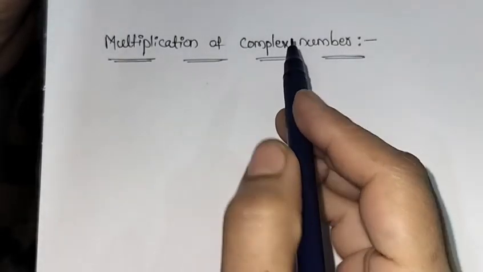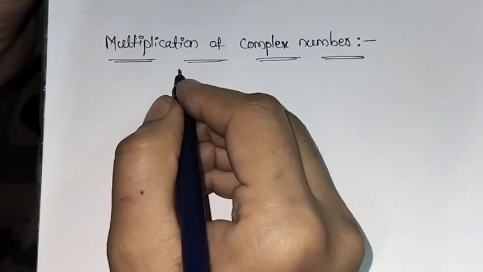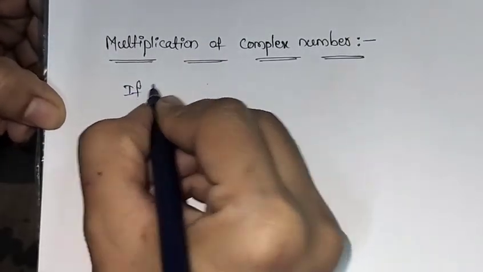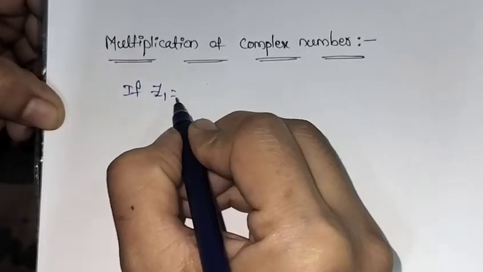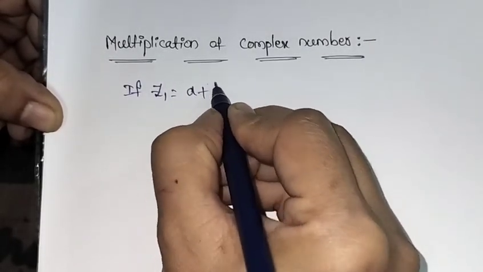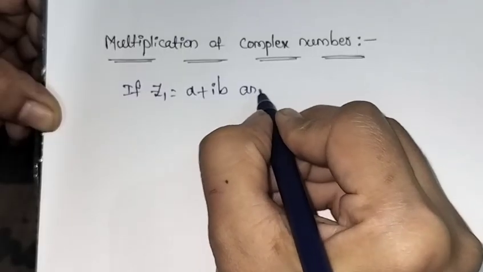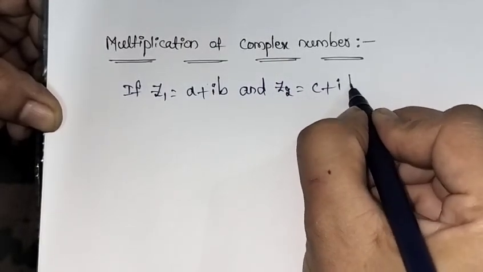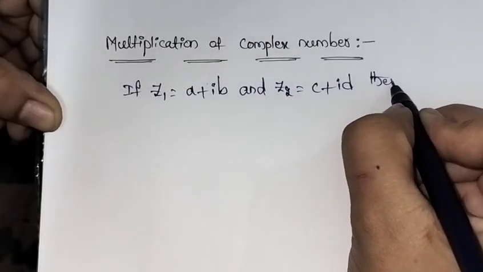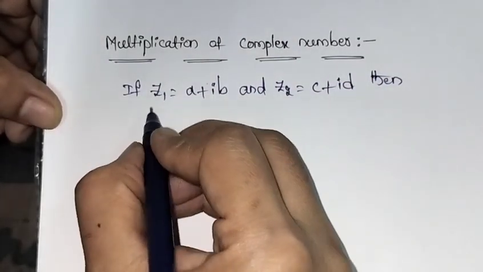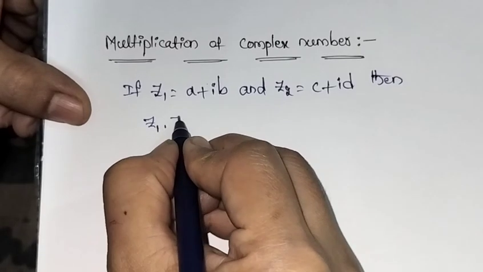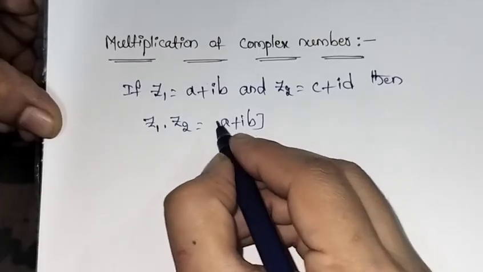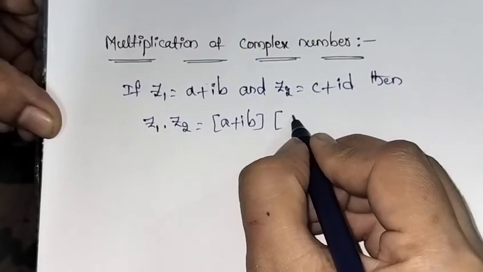Multiplication of complex numbers. First of all we discuss in a plus ib form. If z1 is equal to a plus ib and z2 is equal to c plus id, then multiplication of complex numbers z1 into z2 is equal to a plus ib into c plus id.